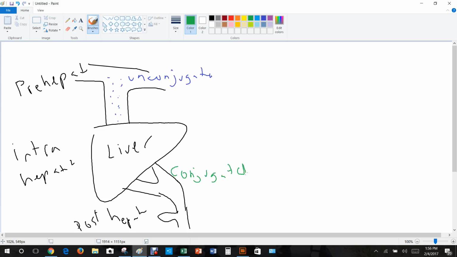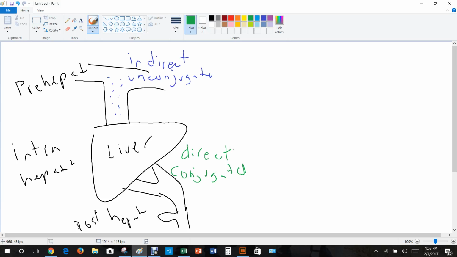Another way of saying this is they call the unconjugated indirect bilirubin. It's kind of a way of measuring it, and they call the conjugated just direct, which is nice because there's an "in" and an "un" up there, and there's no "in" or "un" on the other one.